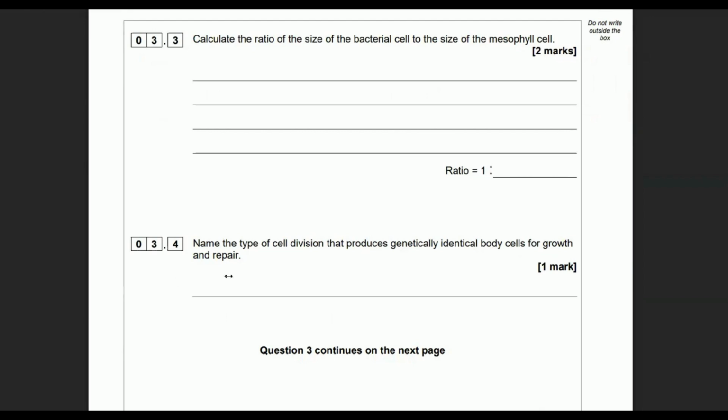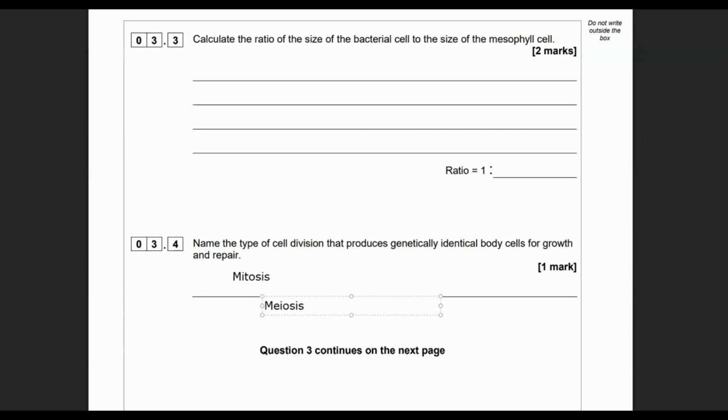So the answer, of course, is mitosis. How do I remember it? I say mitosis happens in mitoses. So it happens all over your body, everywhere, and it's for growth and repair. Meiosis is the other type of cell division.